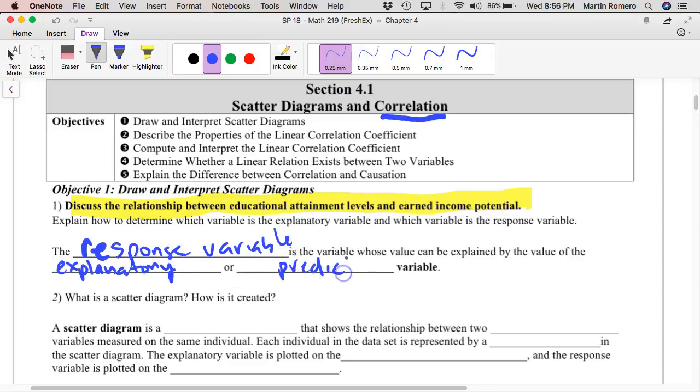So we use that language, predictor variable. And in order to study that relationship, we create what's called a scatter diagram, or you might hear me call this a scatter plot.